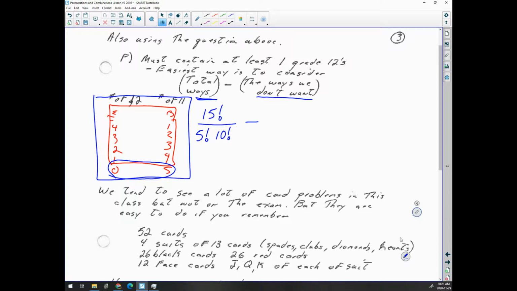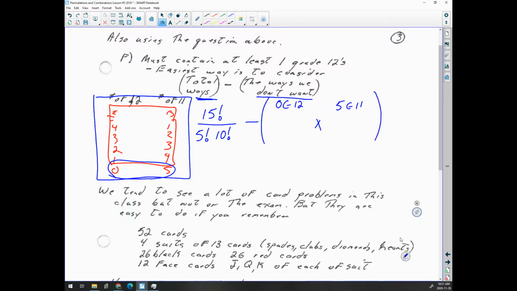We're going to subtract that, from that, we're going to subtract when we have 0 grade 12s and 5 grade 11s. So again, because we're doing 0 grade 12s and then putting 5 grade 11s on, we are going to multiply that guy.